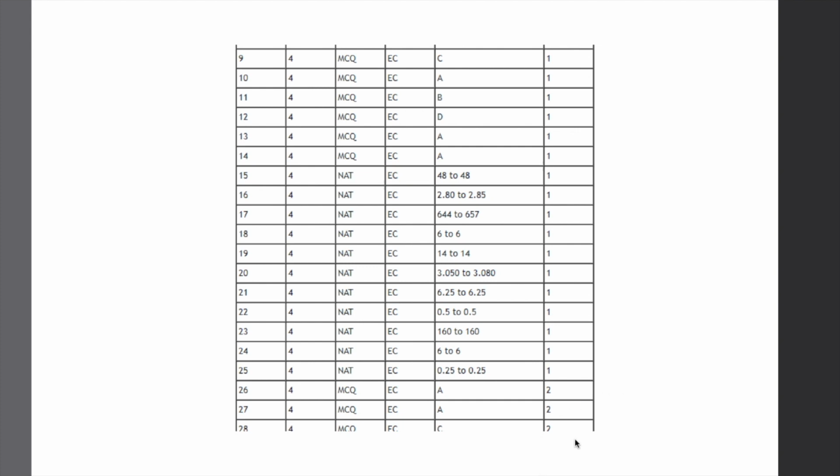So if you see here, there are questions which are numerical answer type, and the answer for that particular question is, for suppose in this question, 48 to 48, but if it is for 2 decimal places, there are ranges that are given in the question. So if you enter the answer within this range, it will be considered as the correct answer.